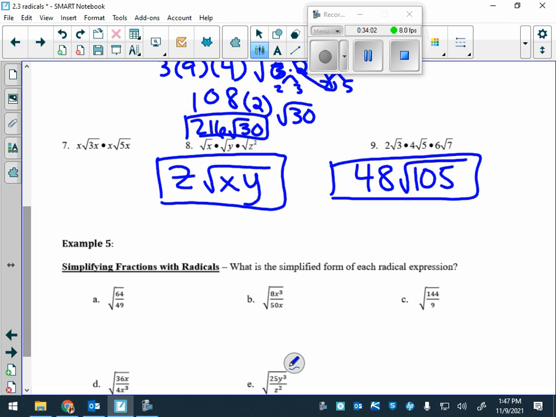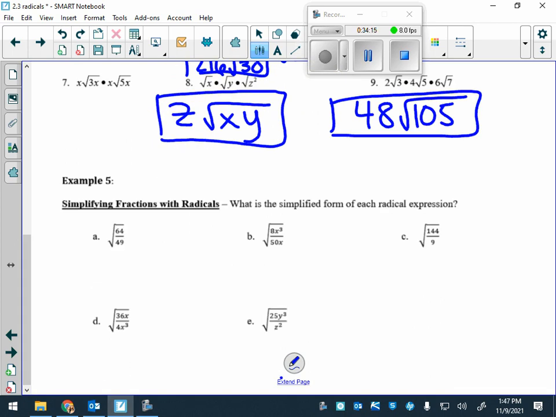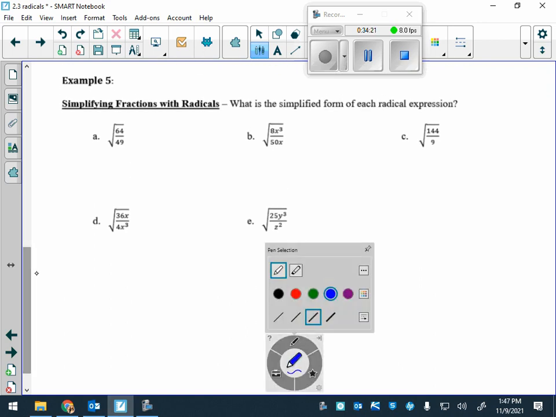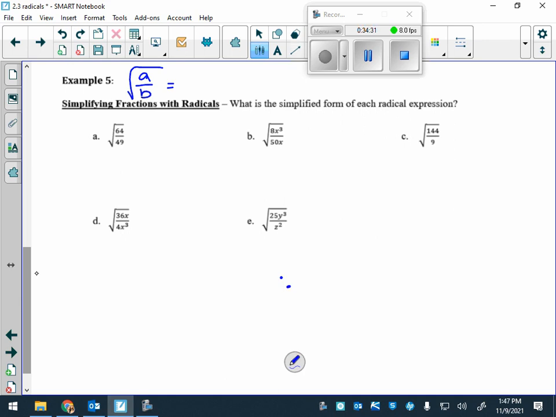Any questions, you guys? Okay, so we did add, subtract, simplify, add, subtract, multiply. Next, division. Same thing with division. If you have a radical over an entire fraction, it could be split up, square root of A over square root of B, only if it's over the entire fraction.